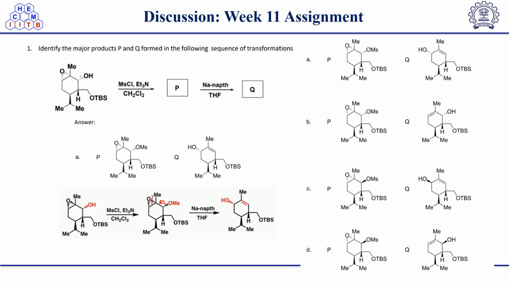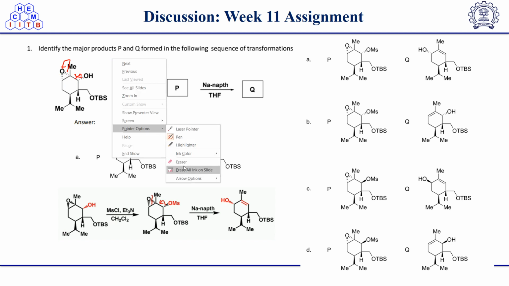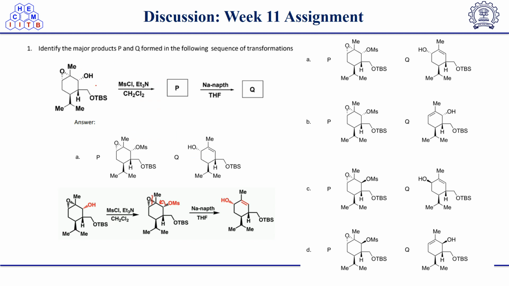So this bond will get shifted to here and this epoxide ring will be opened, forming OH here and a double bond at this position. That will be the product Q. And P will be the corresponding mesylated product.